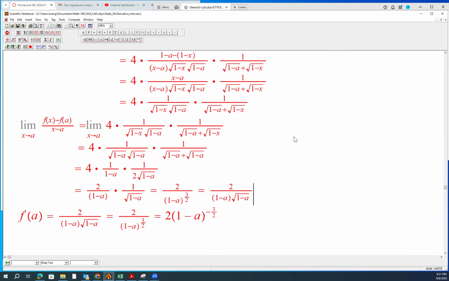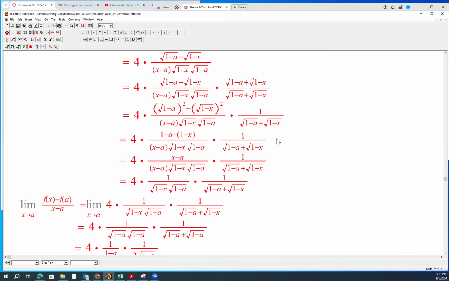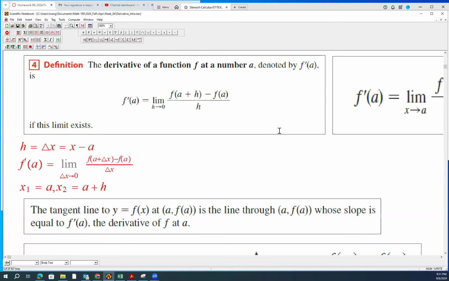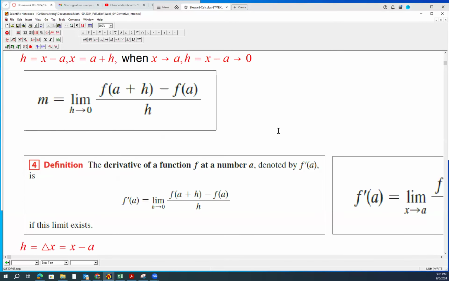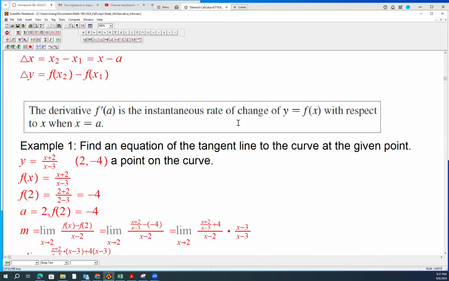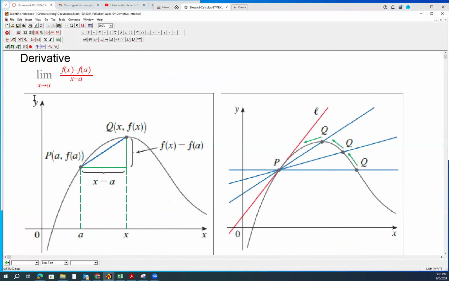Today's lesson is primarily about introducing the derivative and how to find tangent line equations by finding the slope of the tangent line first, and then plugging into the point slope formula. And we've seen the different forms of derivative.